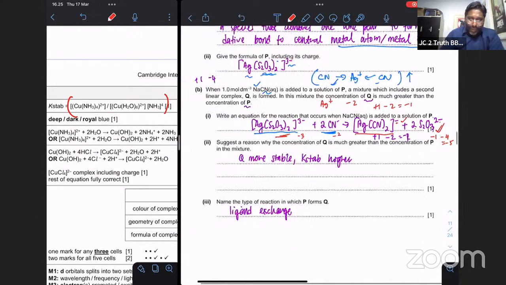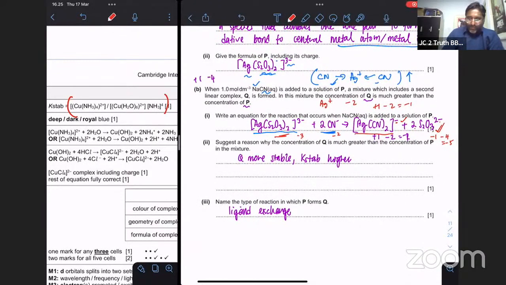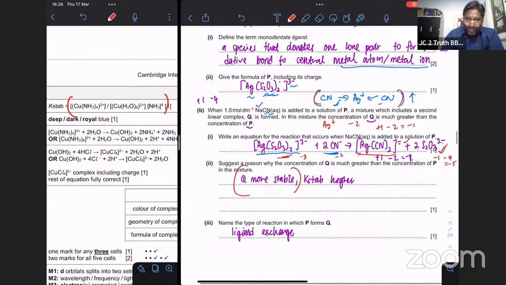Now suggest a reason why the concentration of Q is much greater than the concentration of P. Q, which is with the CN, is more stable. So they prefer to form this compared to the one with S2O3. It means that the CN ligand is a better ligand, but we don't say that. We just say that the Q complex is more stable.